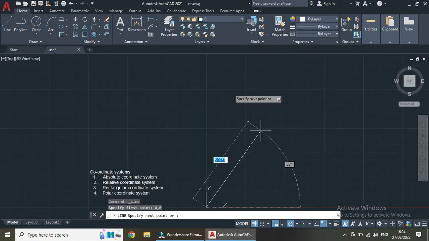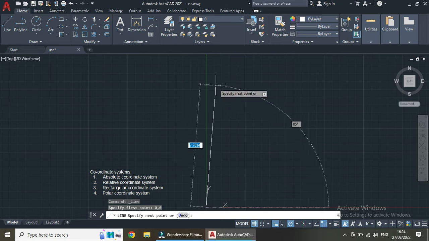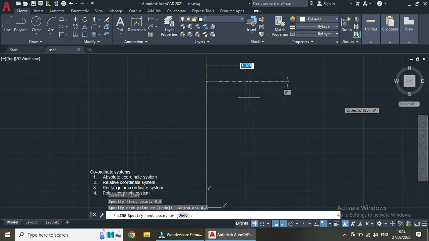Enter. So we have provided this. So let us on ortho. Now we have to specify the another corner point. I am drawing a rectangle. So let us take 0, 8. Enter. So we have drawn here.